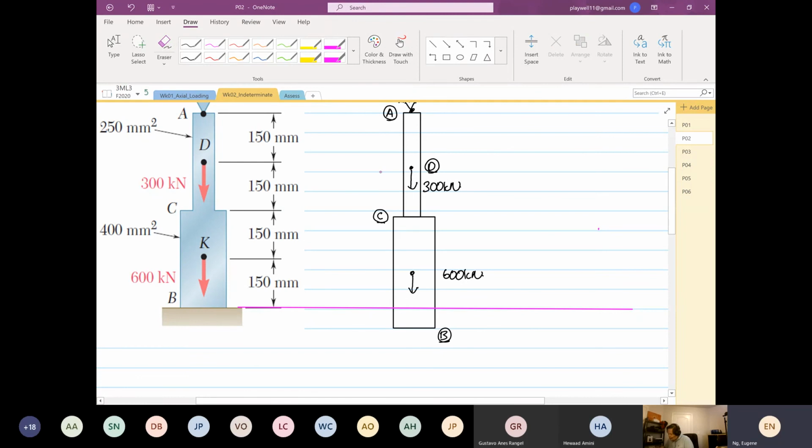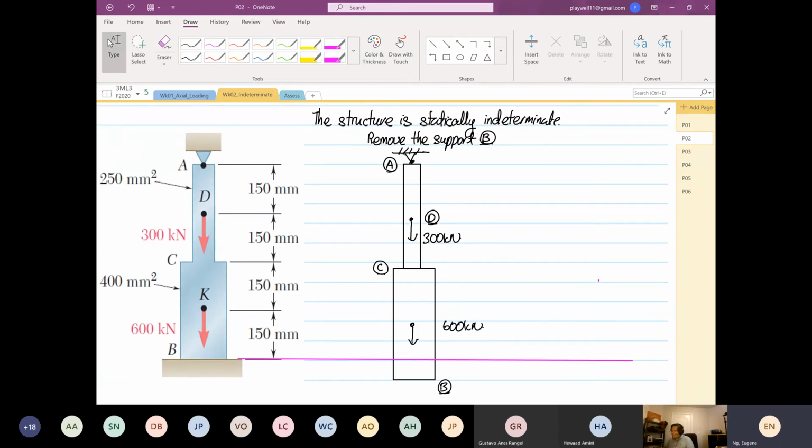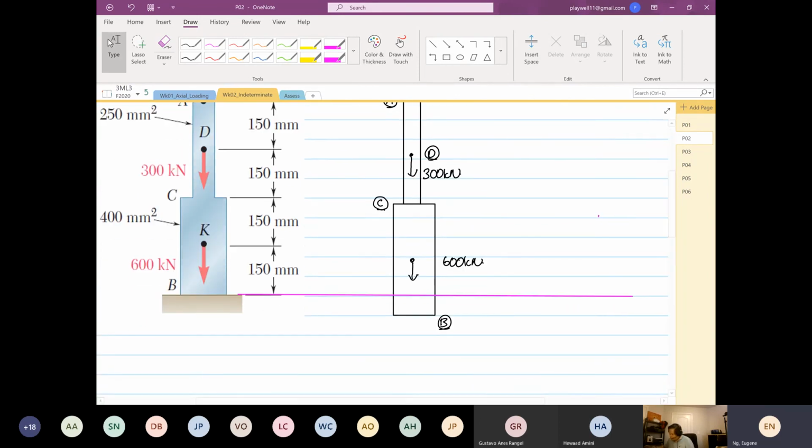Now, because we removed the support at point B, we removed the support away. What we have now is this direction of deflection, and this is known as delta L. We defined delta L earlier.